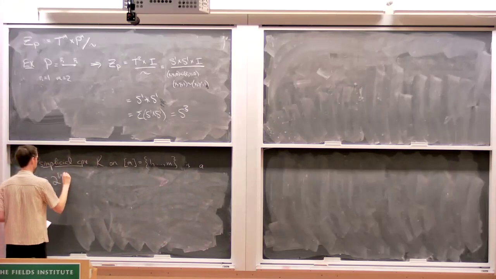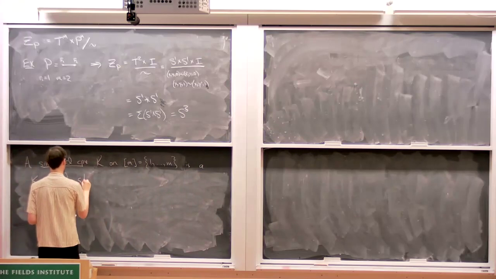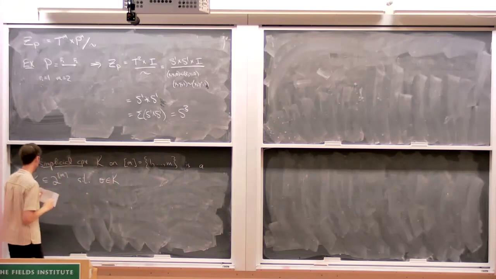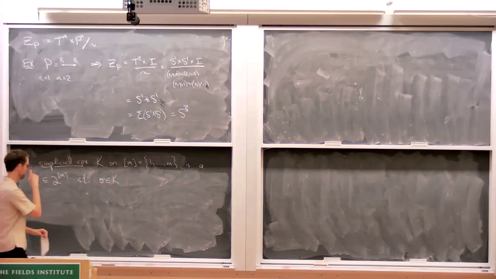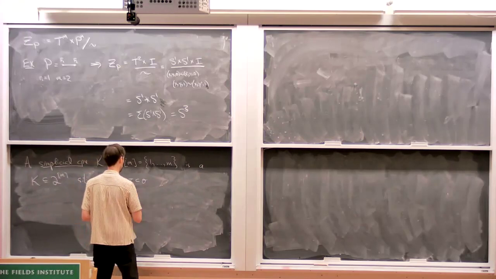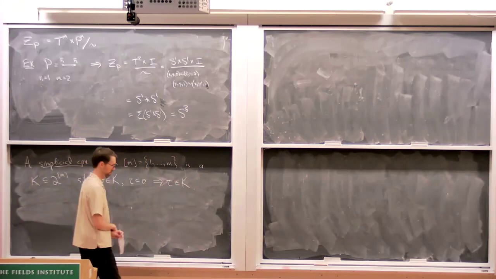A subset of its power set which is downward closed, right? I'll call the elements of K faces or simplices. If sigma is a face of K and tau is a subset of sigma, then tau should be a face of K as well.